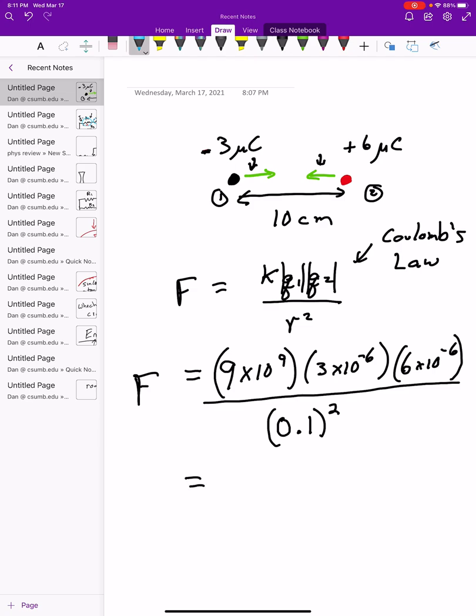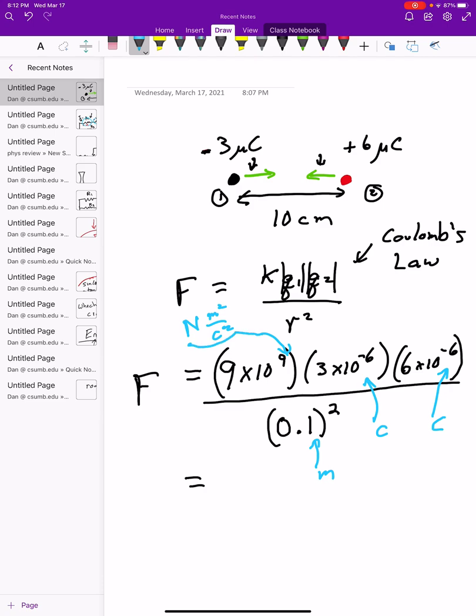And if I put the units in here, this would be meters, that would be coulombs, that would be coulombs, and that would be newtons. Newton meter squared per Coulomb squared is what the 9 times 10 to the 9th corresponds to. So those are all the units.